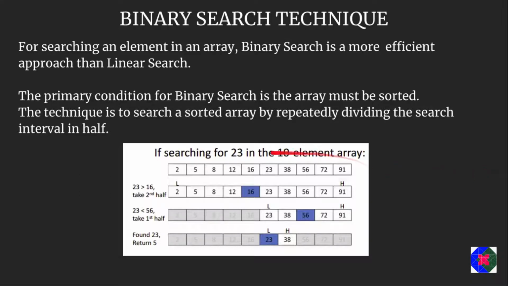So the main strategy is, suppose this is the given array, we first divide the array in two parts. That is, we divide the array in halves, and then keeping a mid element, we check for the element to be searched, whether it is larger or smaller.